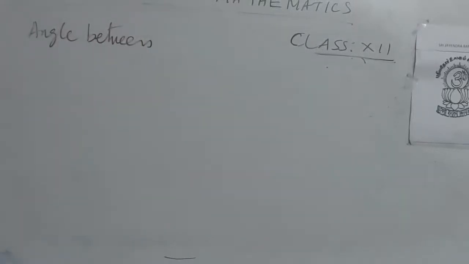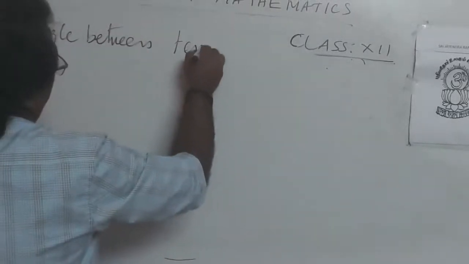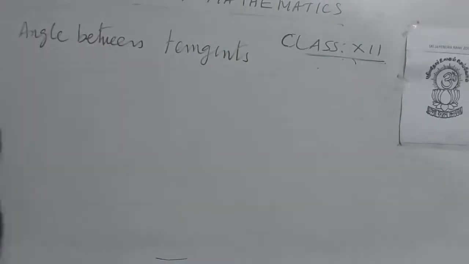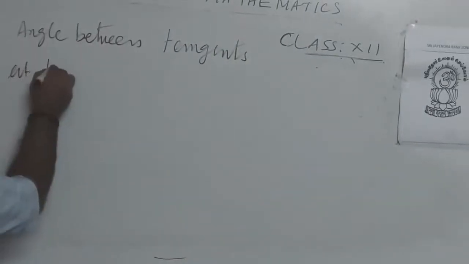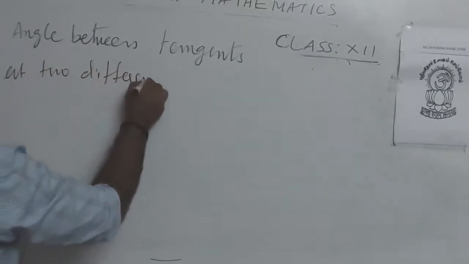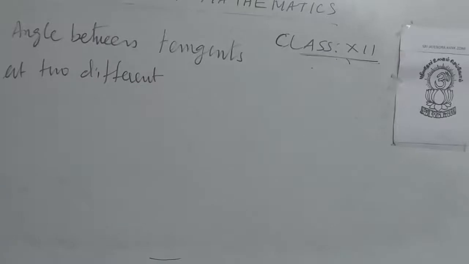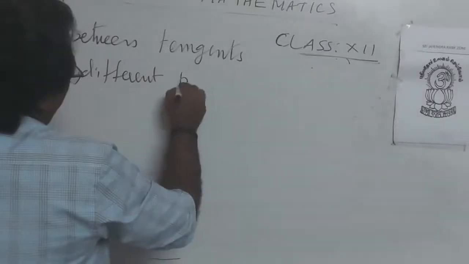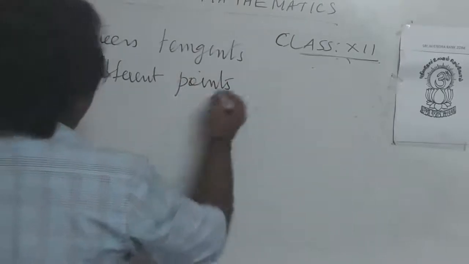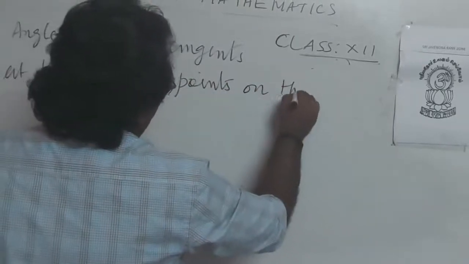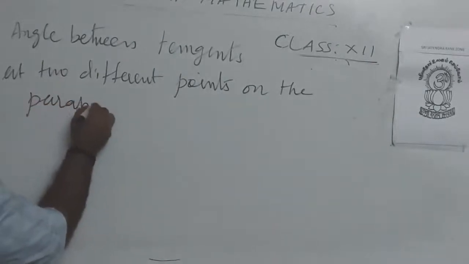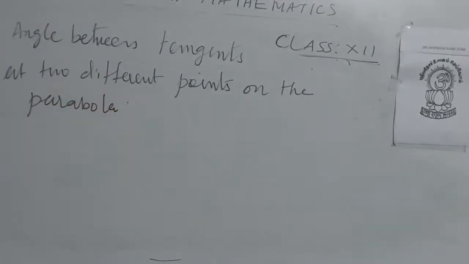Angle between tangents at two different points on the parabola.